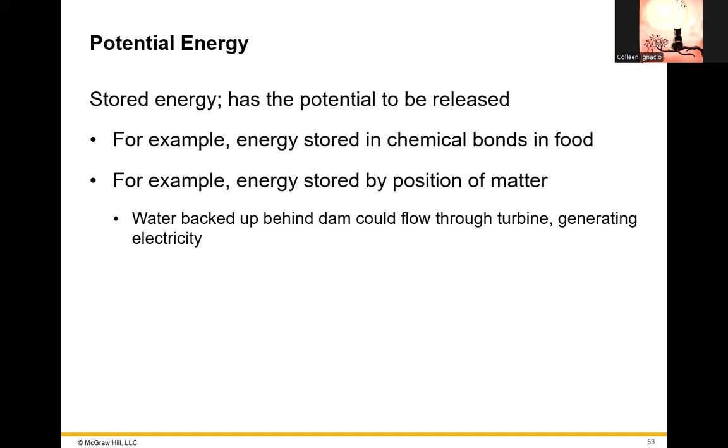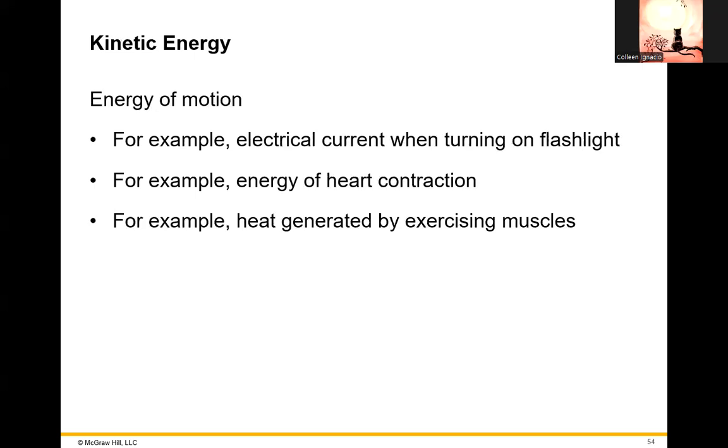So that's why the role of the digestive system is to break down that food that we eat into molecules that the body can use and absorb, right? And that is your potential energy. So an example here given is water backed up by a dam. Okay, that could flow through a turbine that will generate energy, right? And that is potential energy, energy of position.